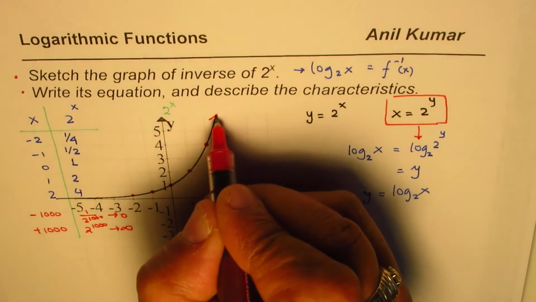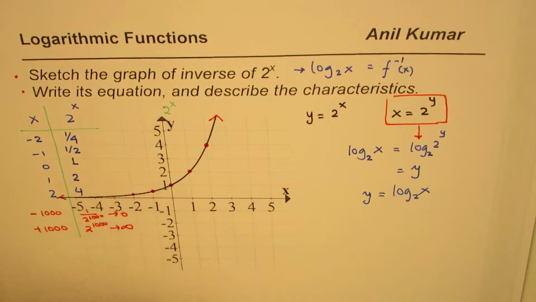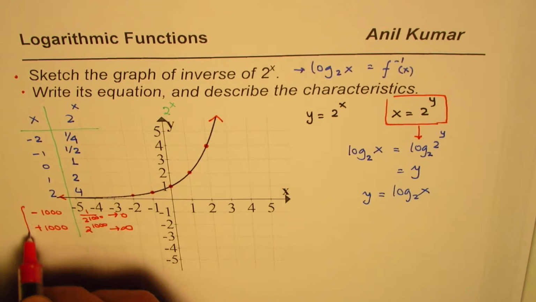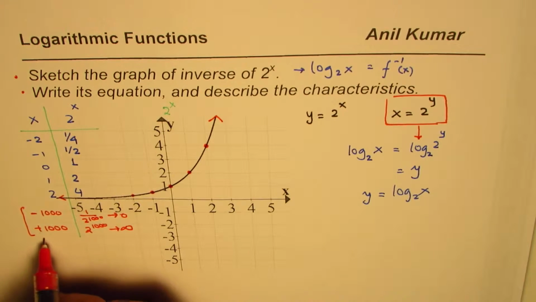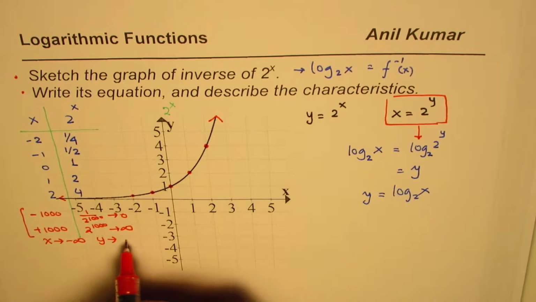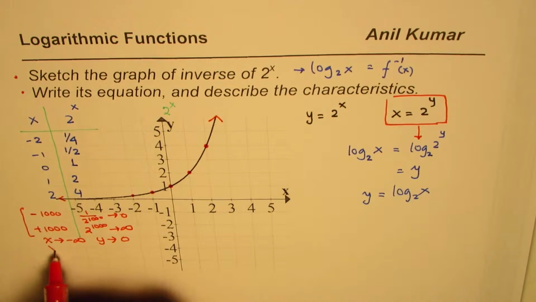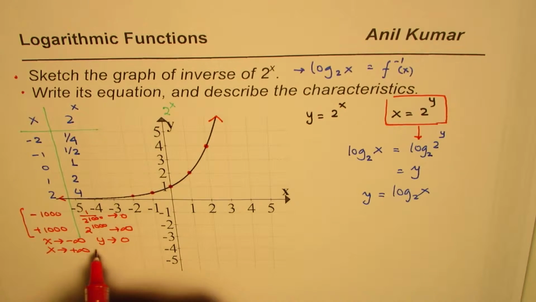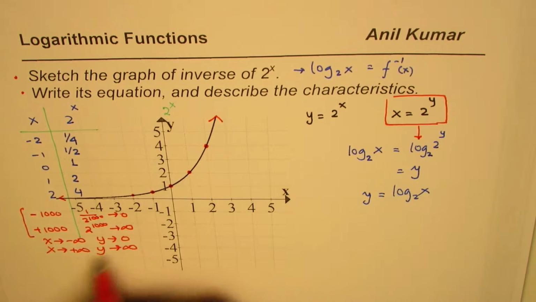So that gives us the end behavior. As x approaches negative infinity, y approaches 0. And when x approaches positive infinity, y approaches infinity.